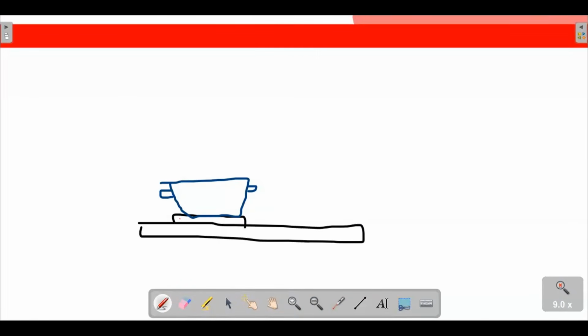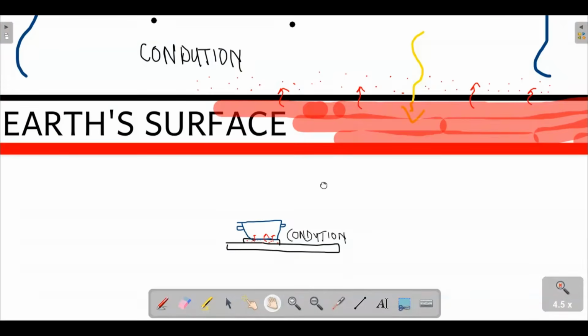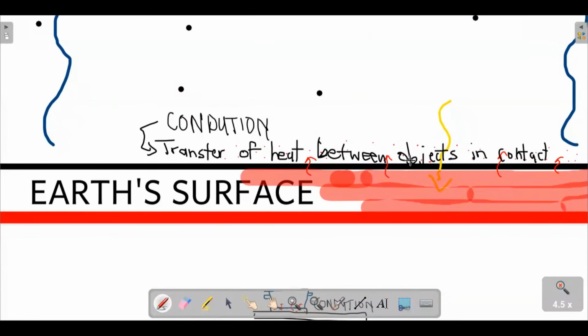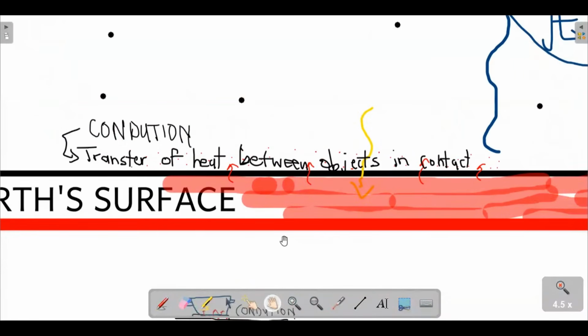Because the stove was hot, and then the stove transferred that heat to the pot on top of it because it is in contact with it. So that type of heat transfer, we call it conduction. It is the transfer of heat by touch, the transfer of heat between objects that are in contact.